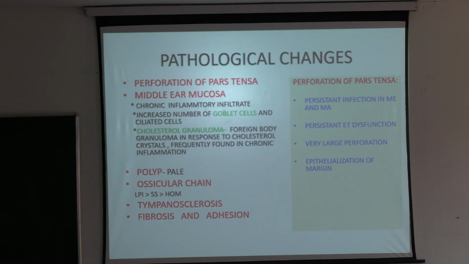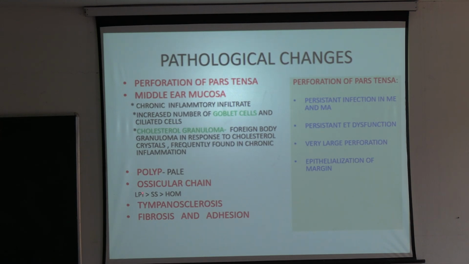Cholesterol granuloma, it is a foreign body granuloma, and the nidus is cholesterol crystal, frequently found in chronic inflammation. There may be polyp, it is pale polyp. In case of safe type of CSOM, polyp is pale in color.